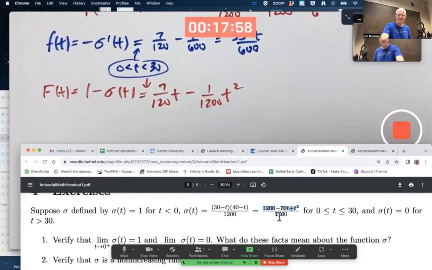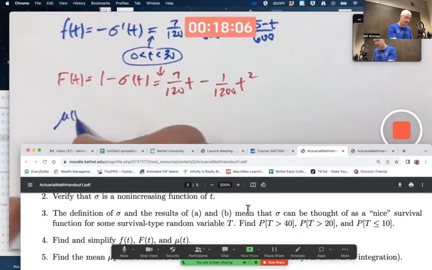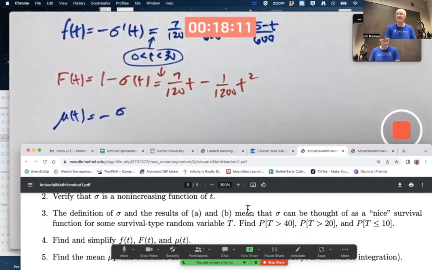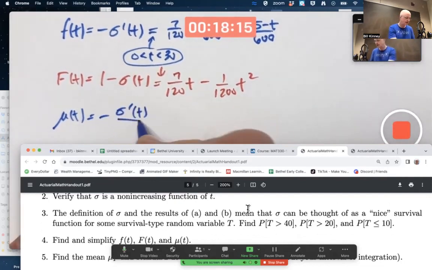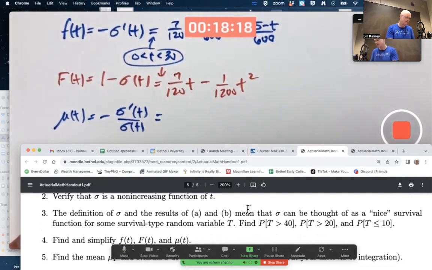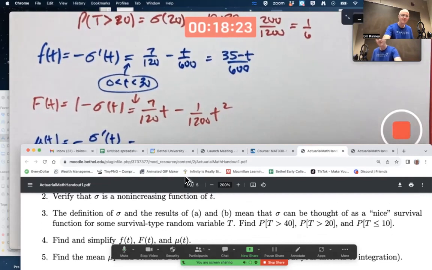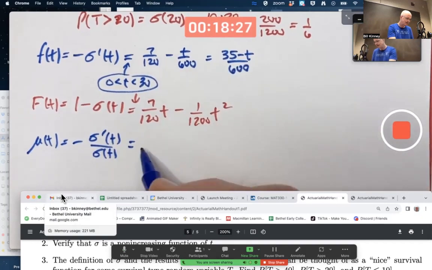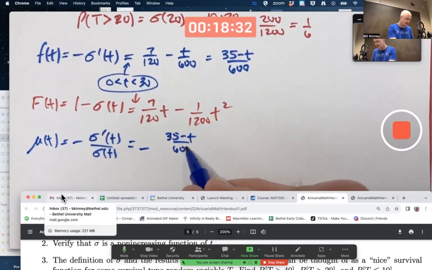Finally, the force of mortality, mu of t, by definition, that's the relative rate of decay of the survival function, negative sigma prime of t over sigma of t. There's sigma prime. Right there. 35 minus t over 600.